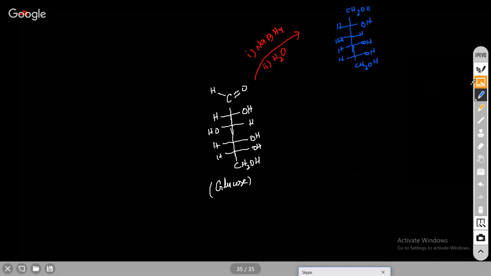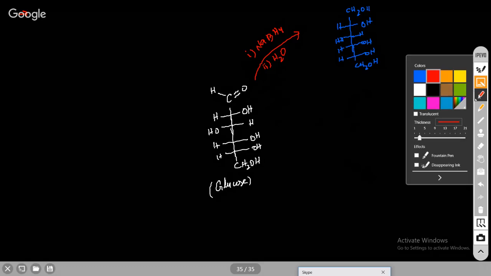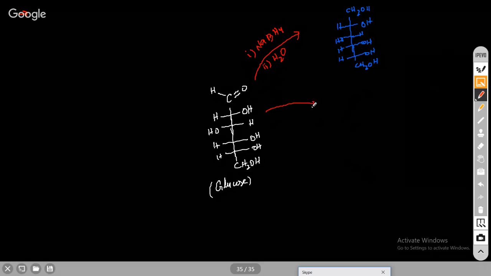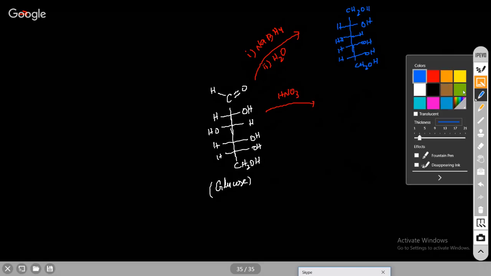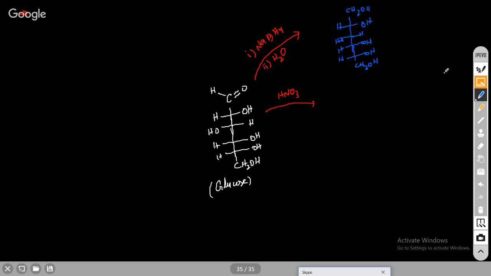Okay. Now, if this reaction takes place with a strong oxidizing agent like HNO3, then what happens? Oxidation takes place and alcohol and aldehyde both will get oxidized. So when this aldehyde oxidizes, it gives acid. All other things are same, and the last carbon here also we have COOH.